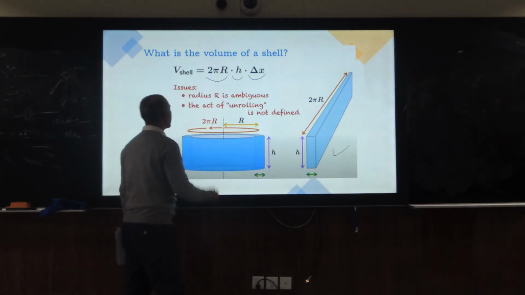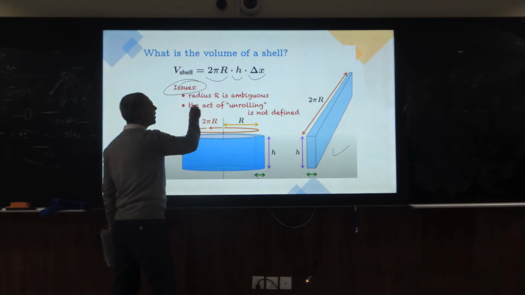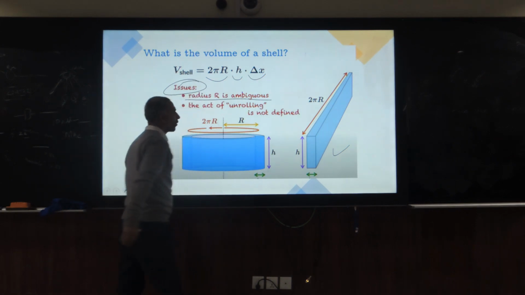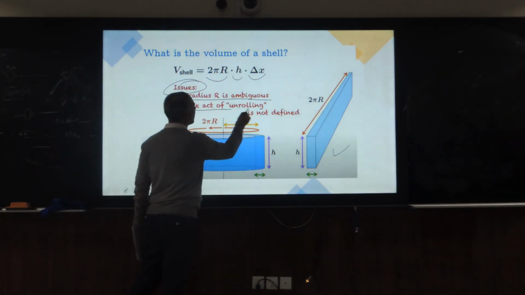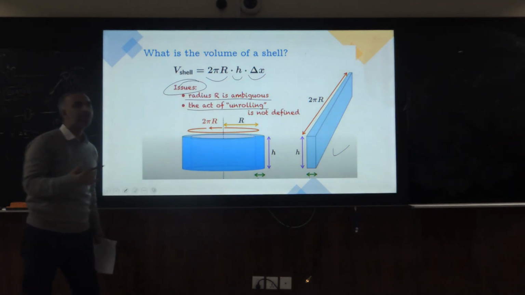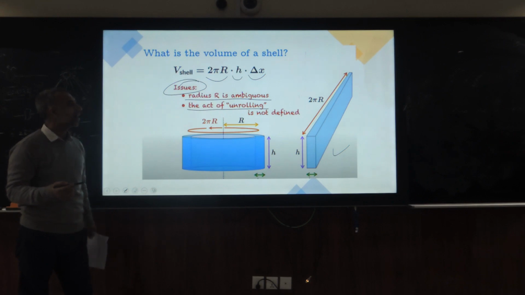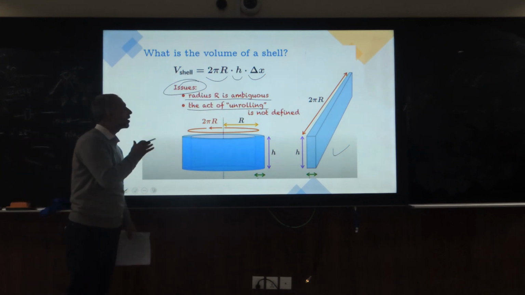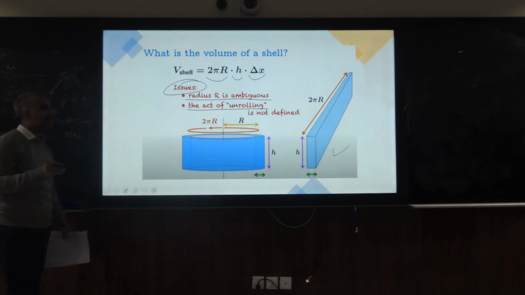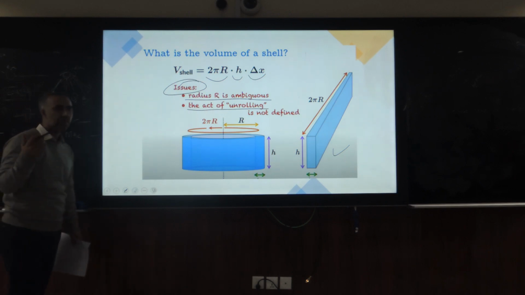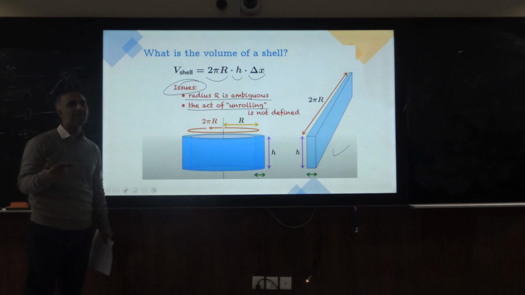So there are two issues. First, the radius is ambiguous from center to outer layer, and the other is the act of unrolling. At which scale it is unrolling, these are not defined correctly, so we use the integral in order to determine the net volume in a good approximation.